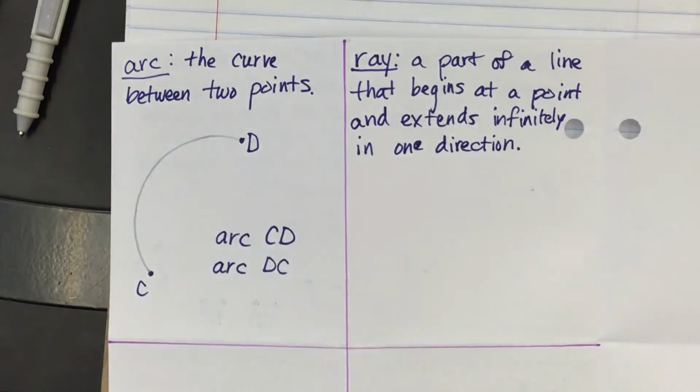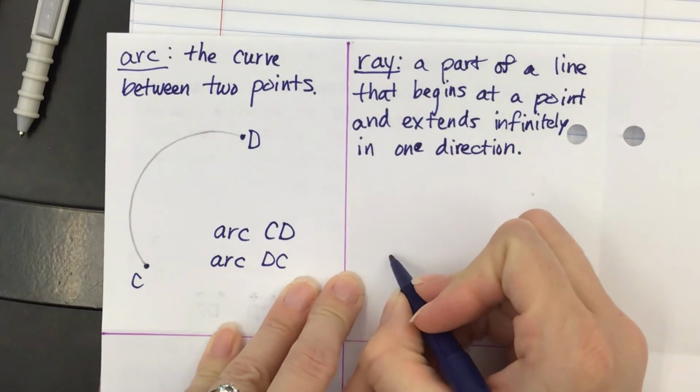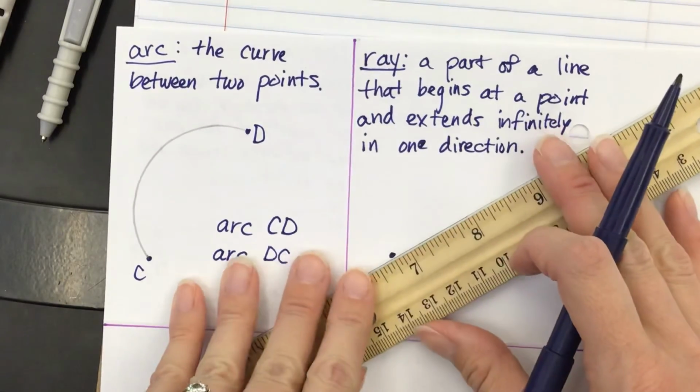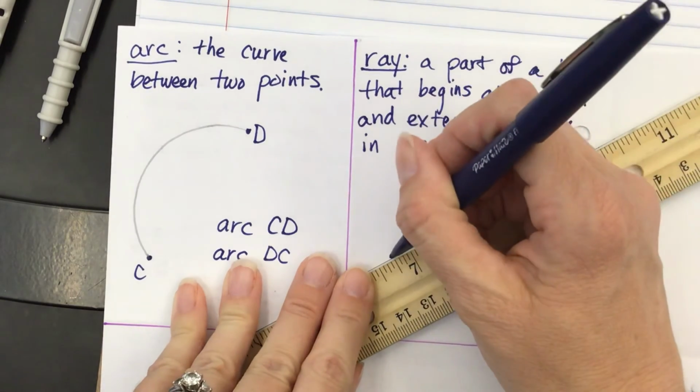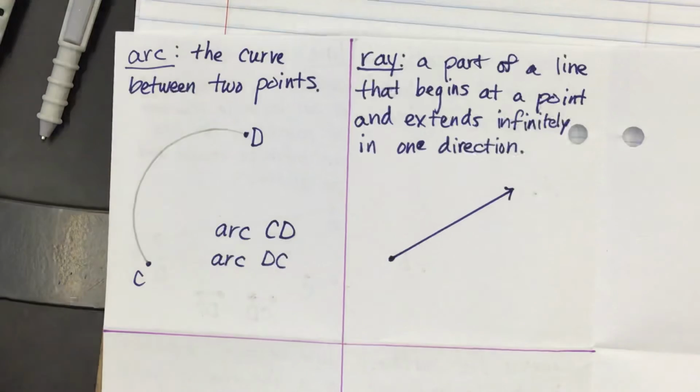Okay? So let me draw this for you. So a ray has an endpoint, and then it goes on infinitely in one direction, like this. Okay? So that's what a ray looks like when we draw it on a piece of paper.